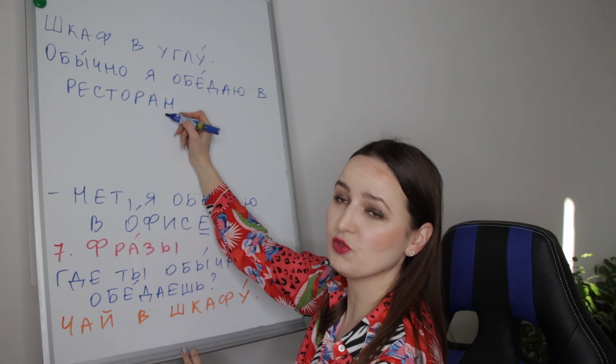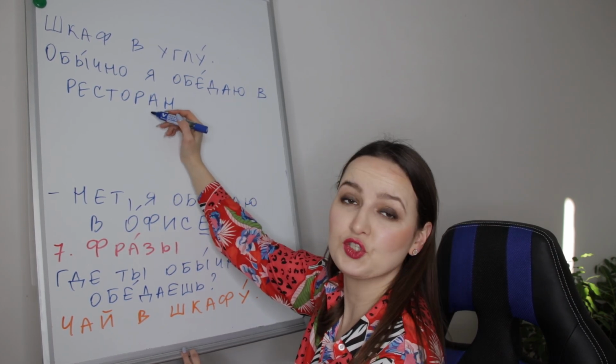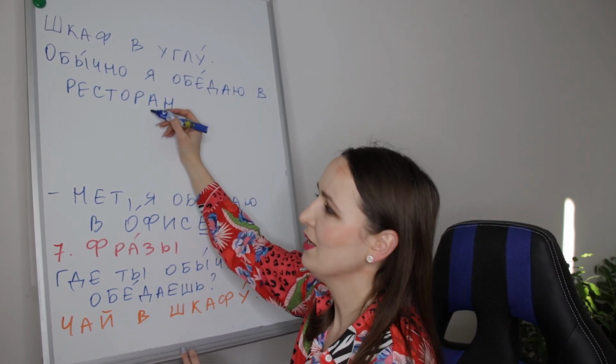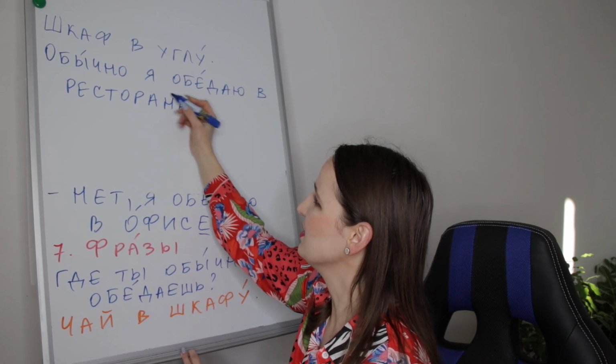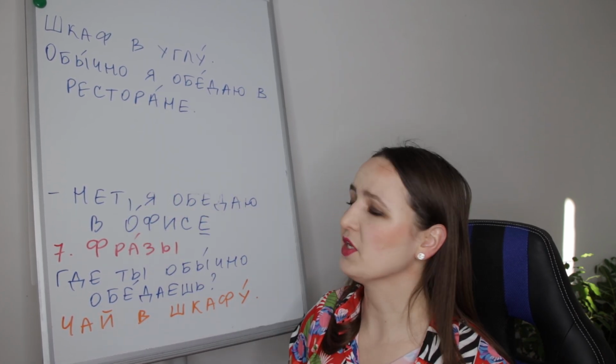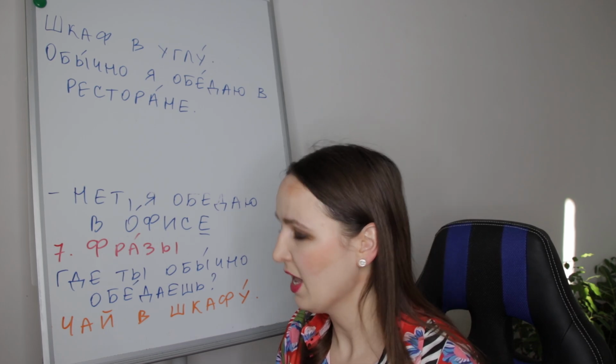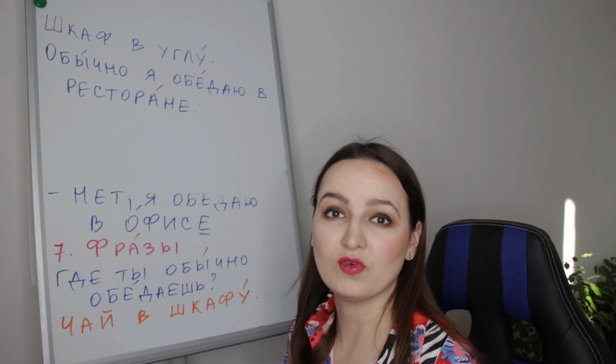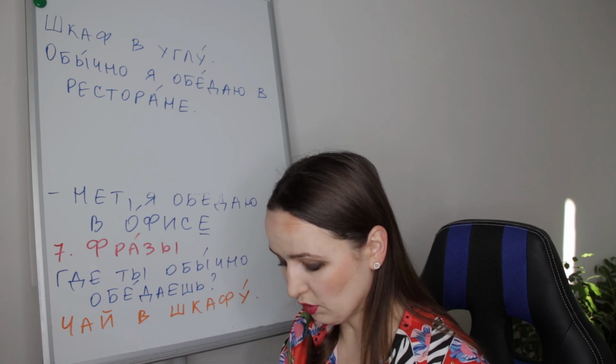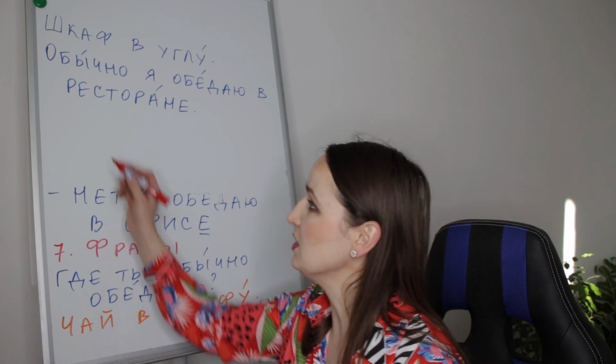Ресторан. Nominative. To make it prepositional, for it to answer the question where, we will add ye. В ресторане. Usually I have lunch at the restaurant. Обычно я обедаю в ресторане. Очень хорошо. Идем дальше. Номер 8.